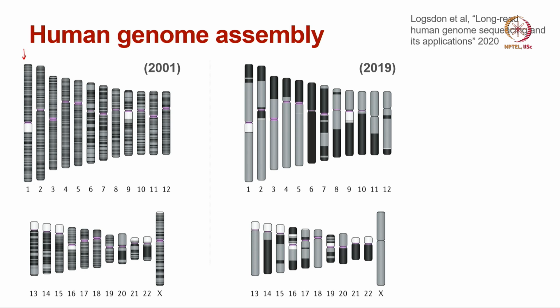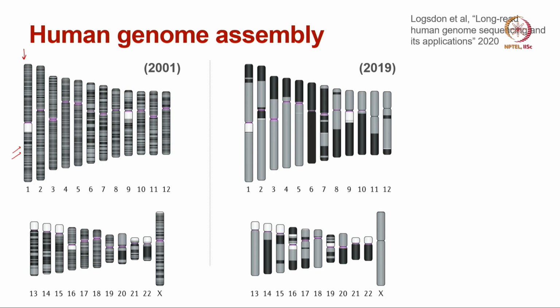That is chromosome 1, chromosome 2 and so on. These light gray and black strips indicate each assembled sequence. That is, whenever you are oscillating between gray and black, it indicates a break in the assembly.